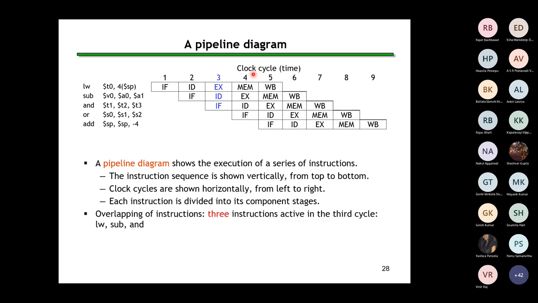And there is overlapping of instructions in a particular clock cycle. For example, in the third clock cycle, 3 modules are busy: execute for the first instruction, ID for the second one, instruction fetch for the third one. So 3 instructions are being simultaneously executed by the system.